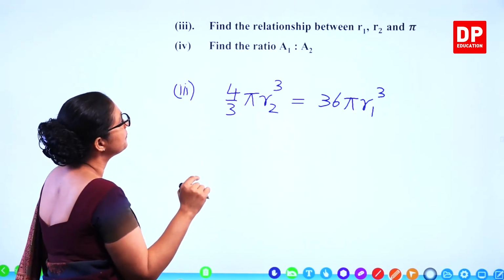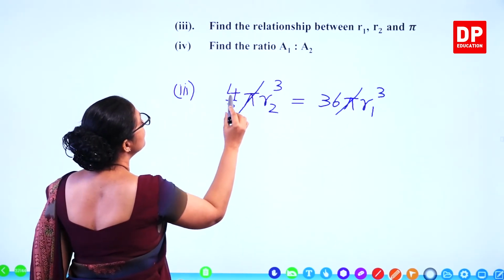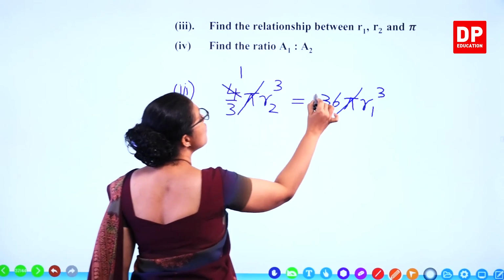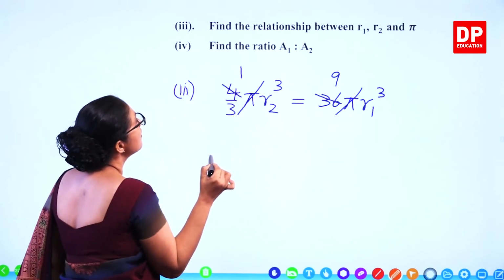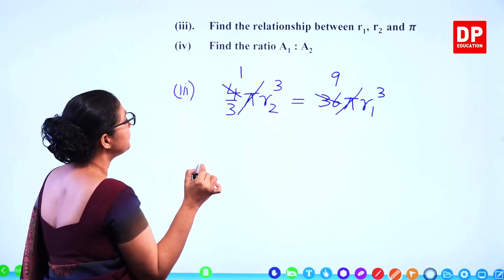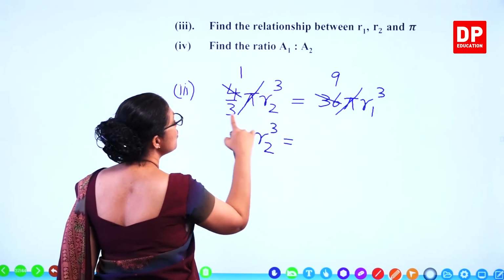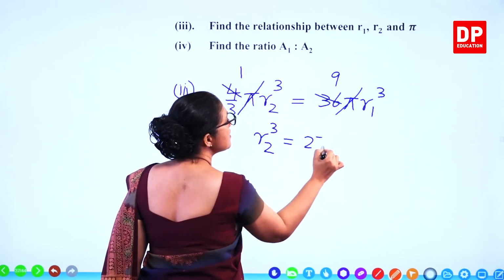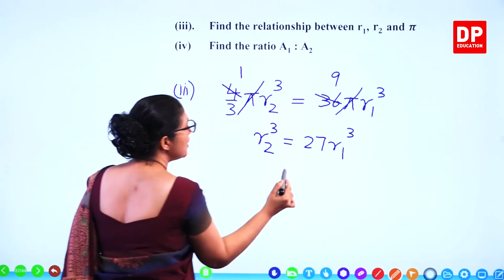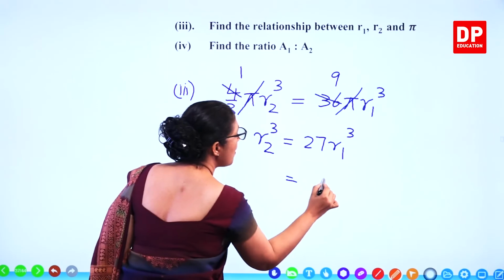Those are equal. So pi gets cancelled out. Divide by 4. 4 times 1, 4 times 9. And then you can say R2 cube is equal to 3 times 9, 27 R1 cube. Here, what is 27 as a power of 3? 3 to the power 3.